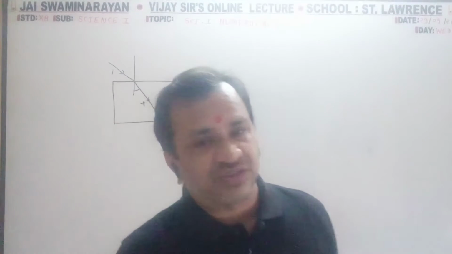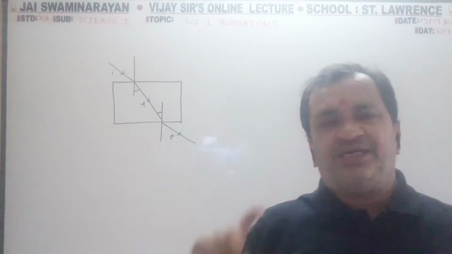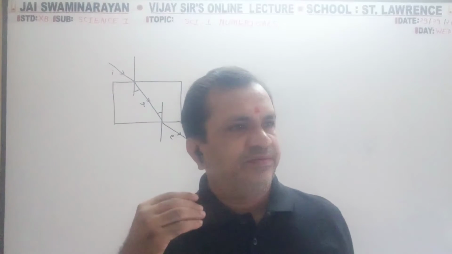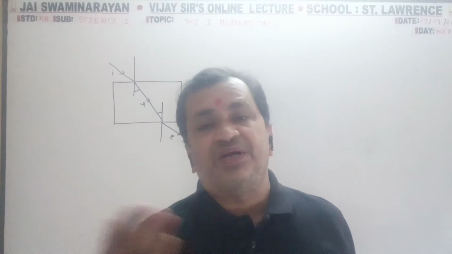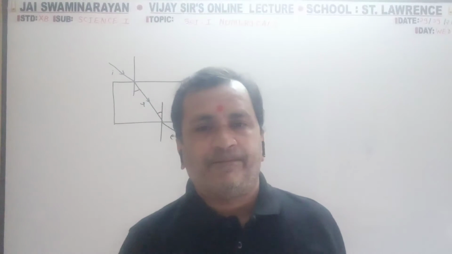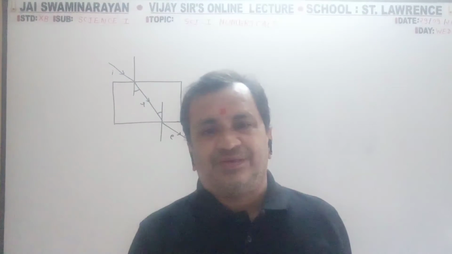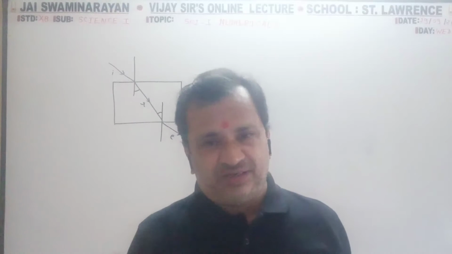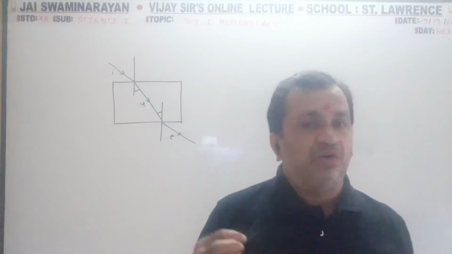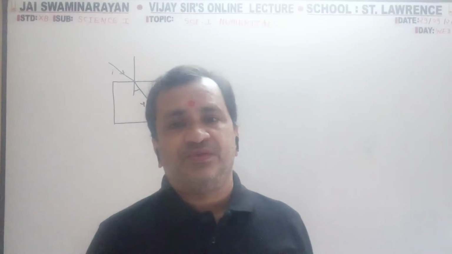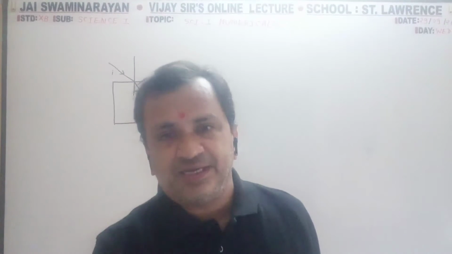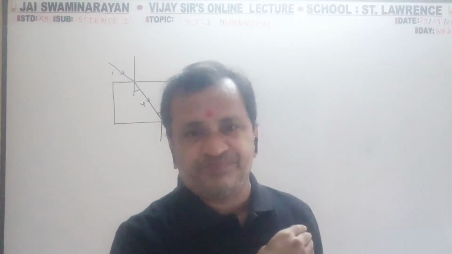What is the definition of dispersion? When a white ray of light passes through a prism, it splits up into 7 colors. So that 7 colors appear on a cloud, half circle. Terms and conditions I have given: only in rainy season. If you can see it in the morning, it will be in the west, opposite to the sun.